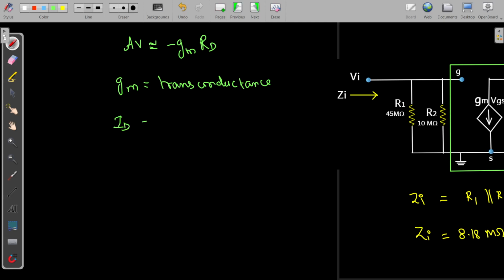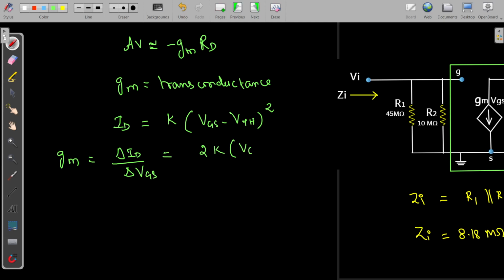The equation for current ID is K times (VGS minus VTH) the whole square. So the gm parameter is the differentiation of ID with respect to VGS, which is equal to 2K (VGS minus VTH).